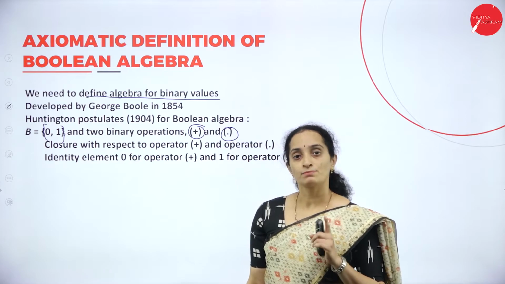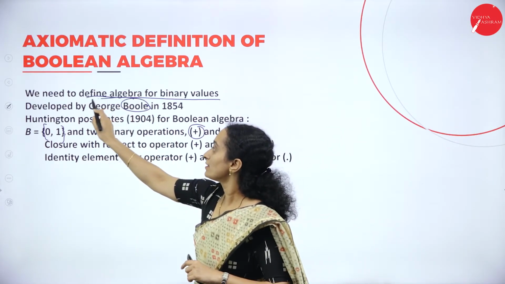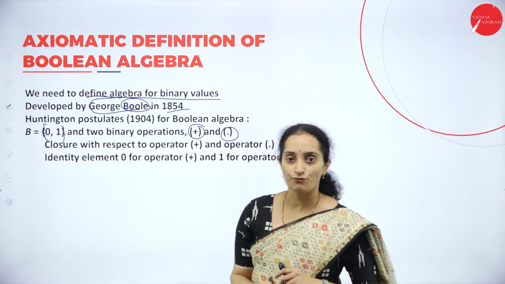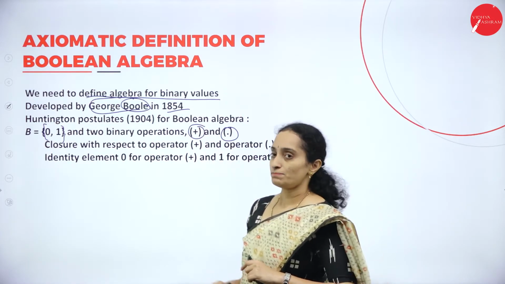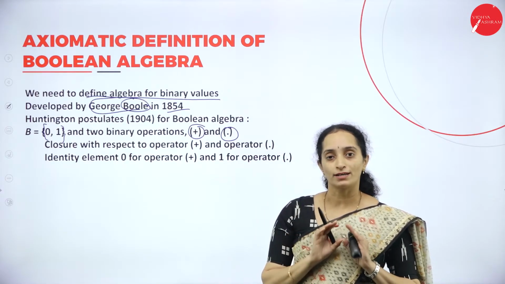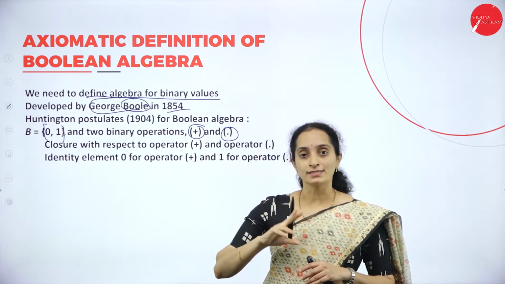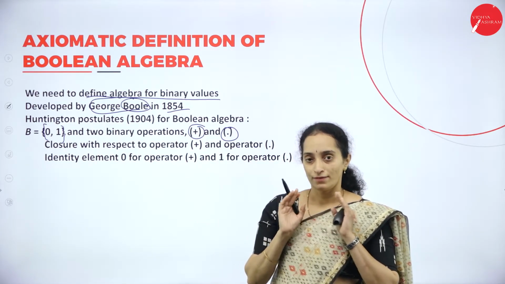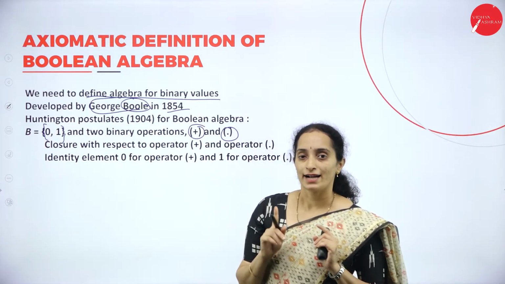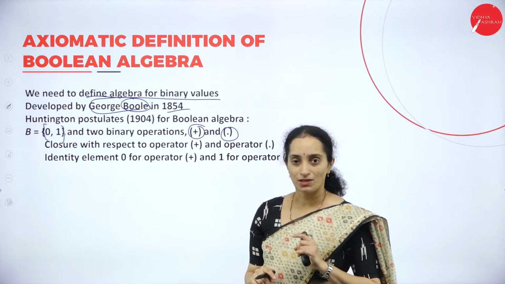This Boolean algebra was developed by a scientist known as George Boole in the year 1854. Because of him, the operands that get operated with the operators are called Boolean values, and the algebra which uses these Boolean values is called Boolean algebra.